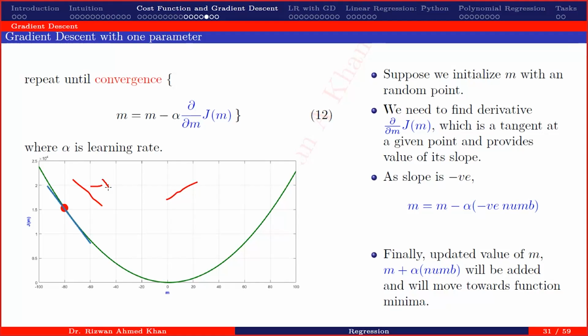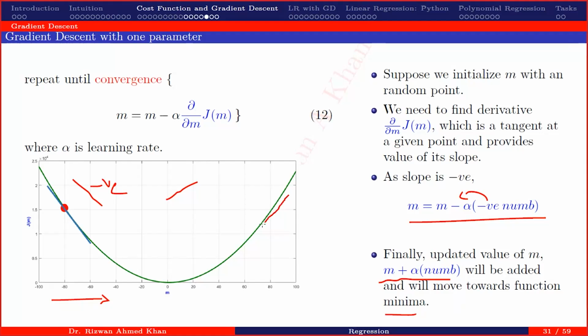If you put a negative number over here, m equals m minus alpha into a negative number, that will make it positive. So it means the algorithm has to add values to m to move in this direction. Finally, the updated value of m would be m plus alpha times that derivative number, and the function will move towards the minimum in this direction.